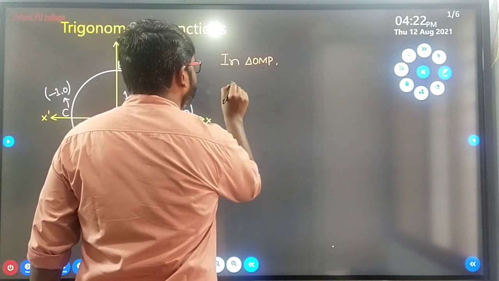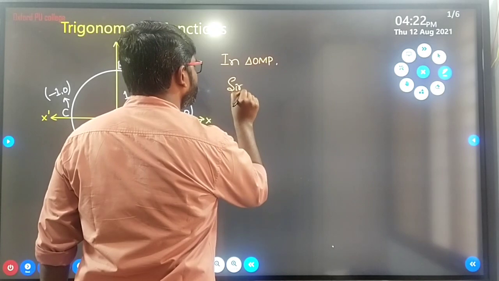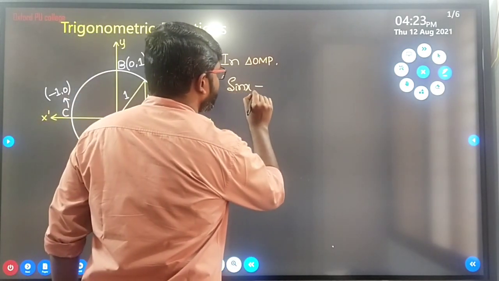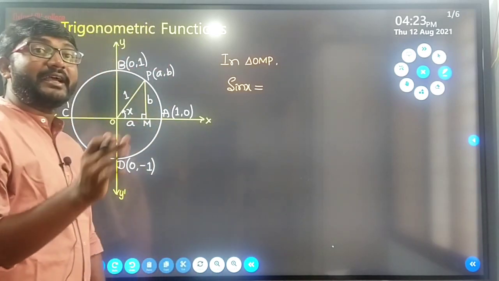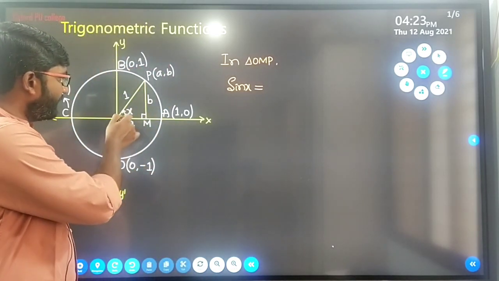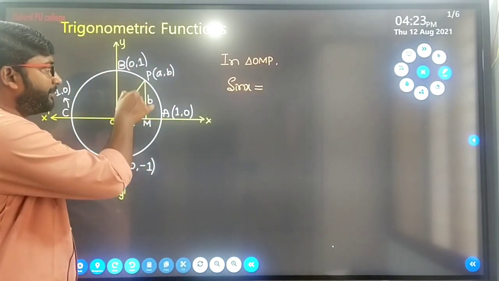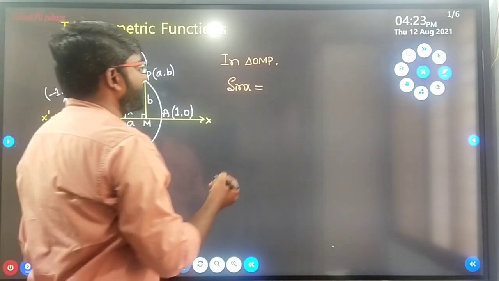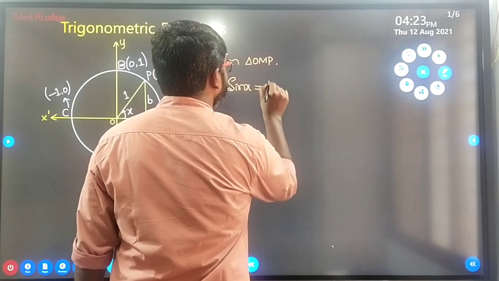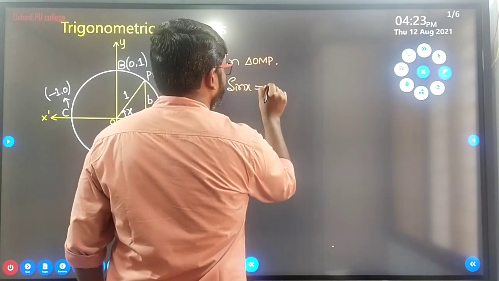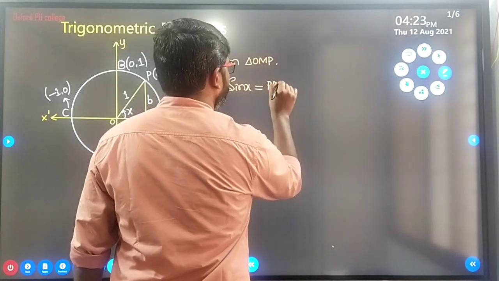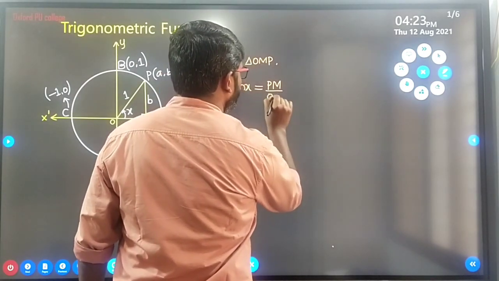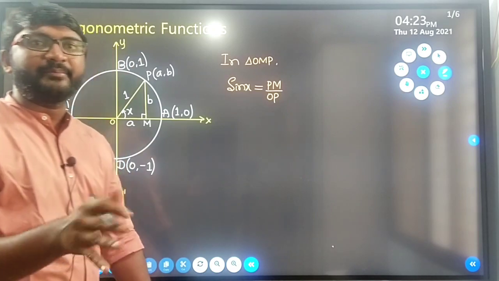So sin x is equal to, what was the definition of sine? It is opposite by hypotenuse. So for this angle, this PM will be the opposite side by the hypotenuse, that is OP. So sin x is equal to PM by OP, opposite side by hypotenuse.